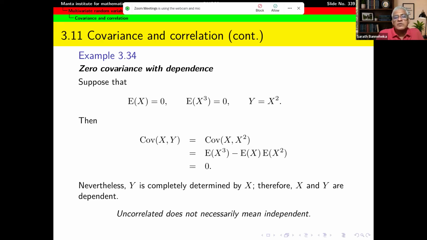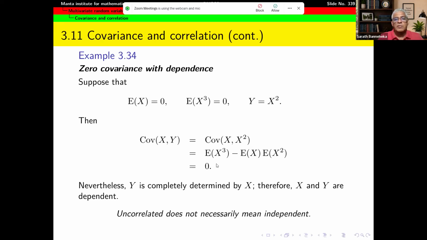Then the covariance between x and y is equal to covariance between x and x square. That is equal to expected value of x to the power 3 minus expected value of x times expected value of x square. So this term is 0 and this term is 0. Therefore, this is 0.